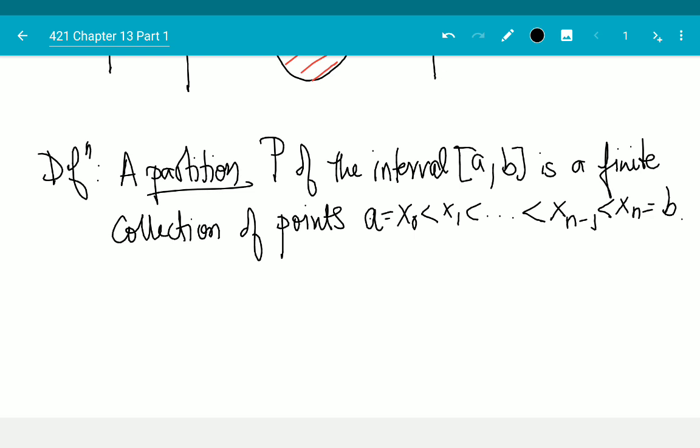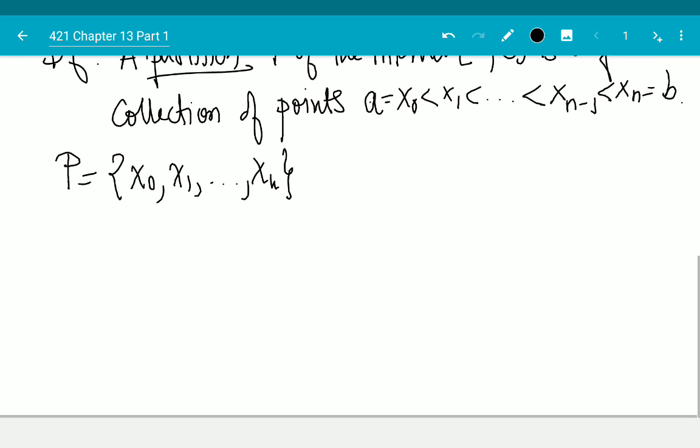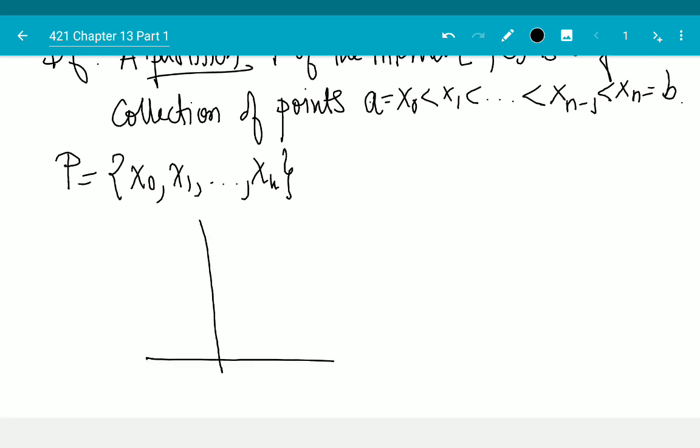So I'm dividing my interval into n parts with n plus 1 points, and my partition is this set x0, x1, all the way up to xn, right? And so what am I doing with this partition?